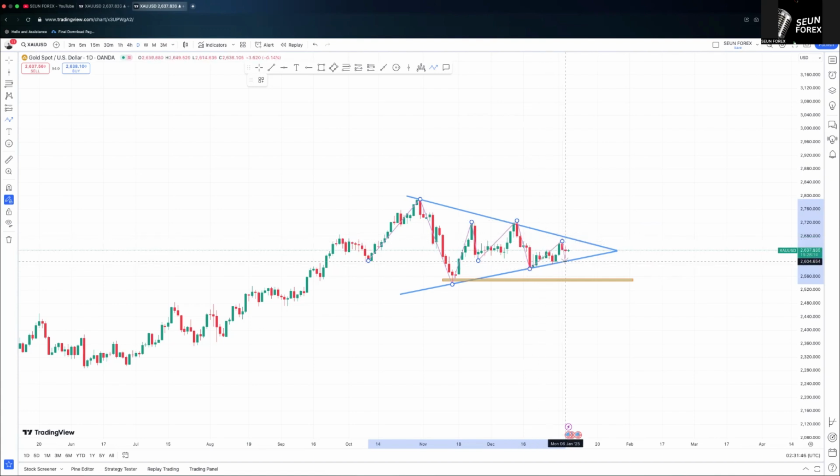So right now, this is what gold will be doing until the market either breaks out of here, retests and moves, or breaks out of here, retests, and drops. One out of the two.